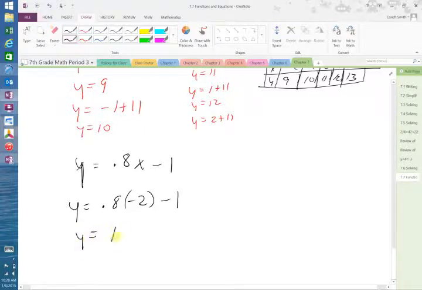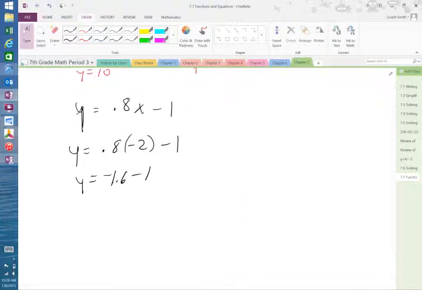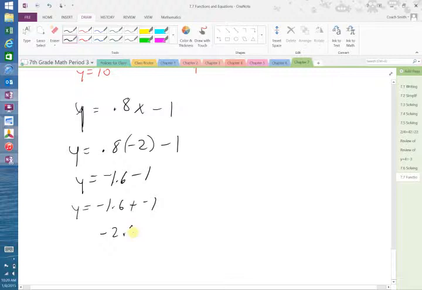But that is negative 1.6. So y equals negative 1.6 plus negative 1, which is negative 2.6. That's your first answer. A little harder, maybe harder to do in your head.